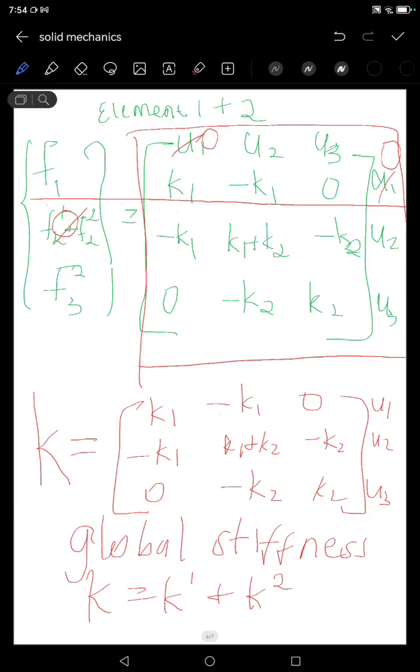Even though we know that our u1 is 0, we just want the equation. So f1 equals k1 multiplied by u1, negative k1 multiplied by u2, and then 0 multiplied by u3.